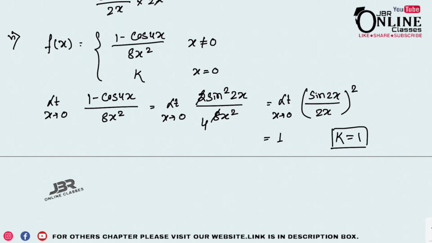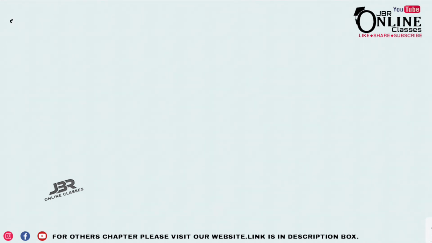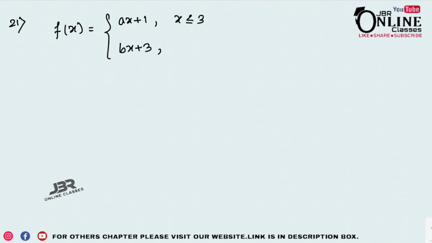Okay, so now the next one, sum number 21. In sum number 21, f(x) is ax plus 1 when x is less than or equal to 3, and bx plus 3 when x is greater than 3, and it's continuous at x equal to 3.